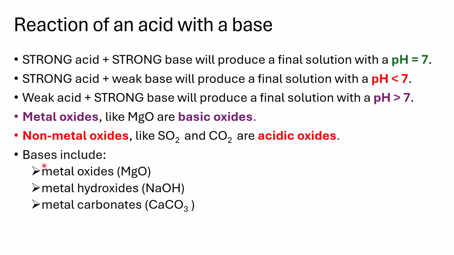Other bases that you can come across are metal hydroxides like NaOH. Remember, OH is called a hydroxide group, so sodium hydroxide would also be basic or alkaline. And metal carbonates like calcium carbonate will also be basic.